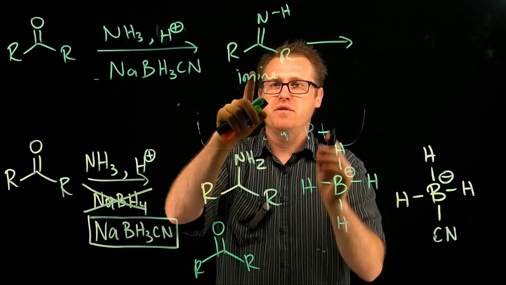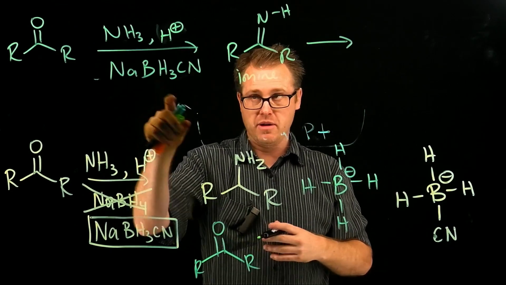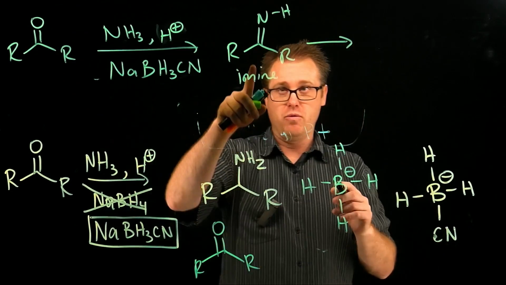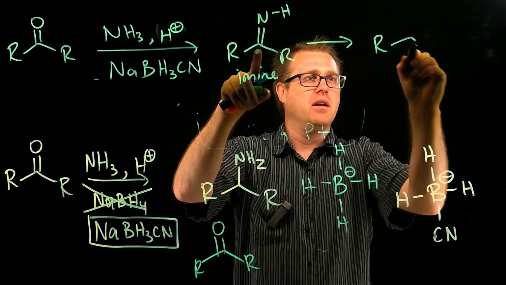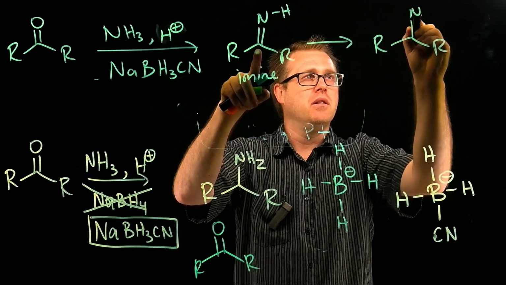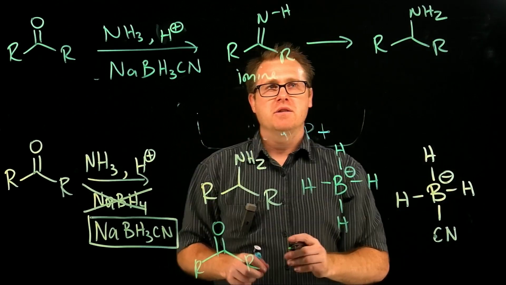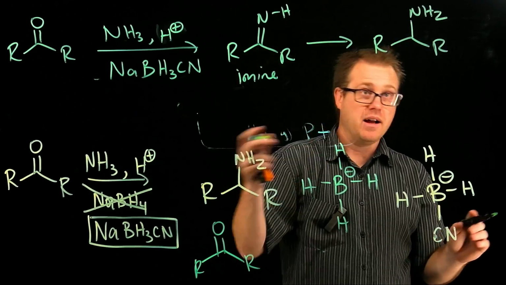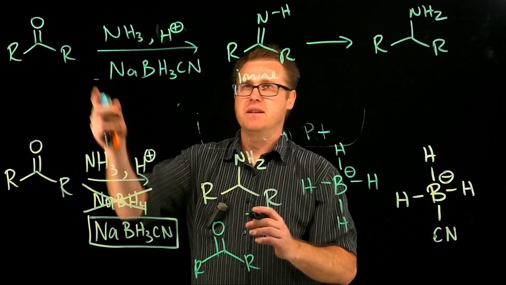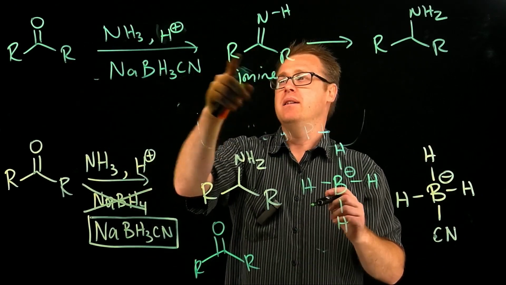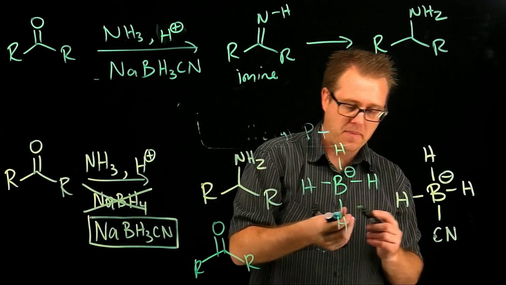And then once you form the imine, the sodium cyanoborohydride will reduce the imine into the amine. So this is all happening in the same pot, same reaction, but the reaction does go stepwise. It first generates the imine, then this reducing reagent gets it here.